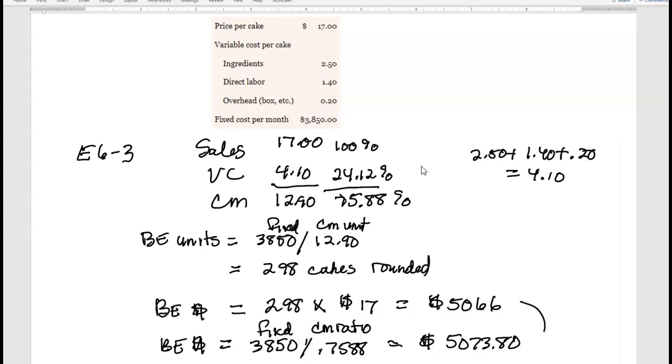The difference is because of rounding. We rounded the CM ratio. If we hadn't rounded the CM ratio and just left that in the calculator, we probably would have come up with a closer number.